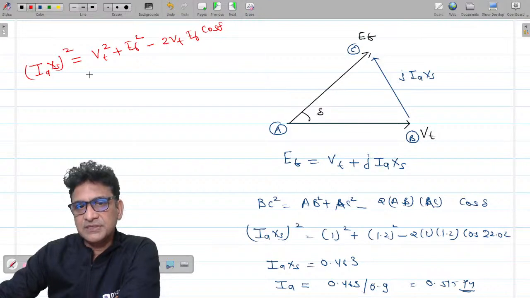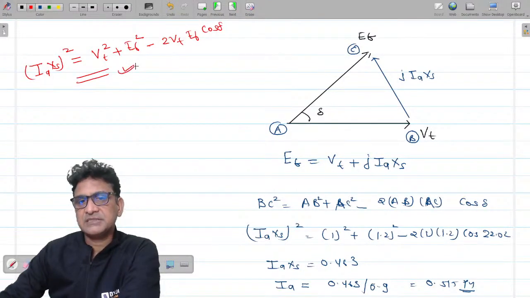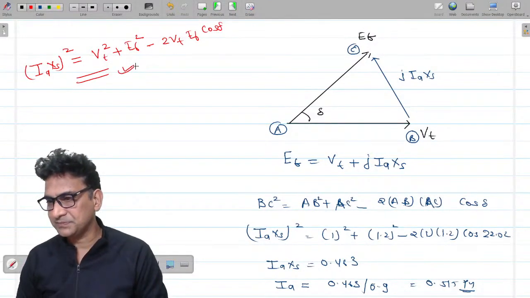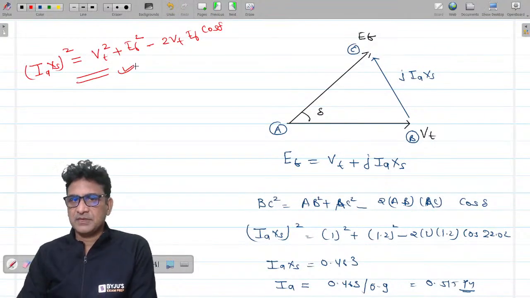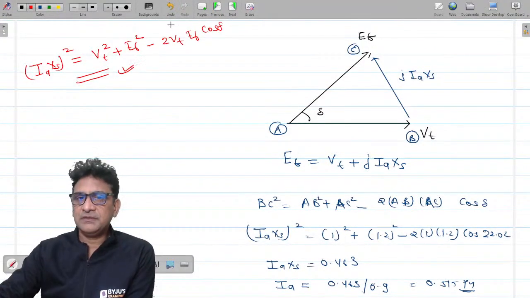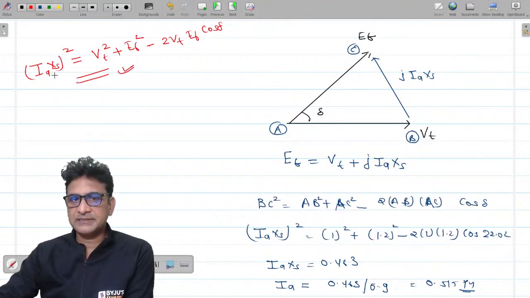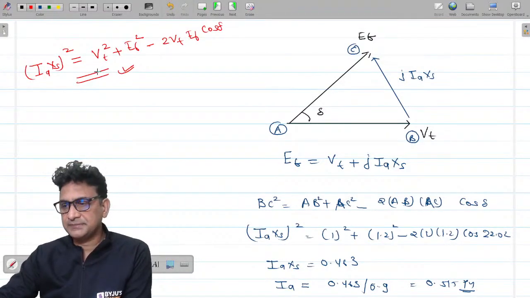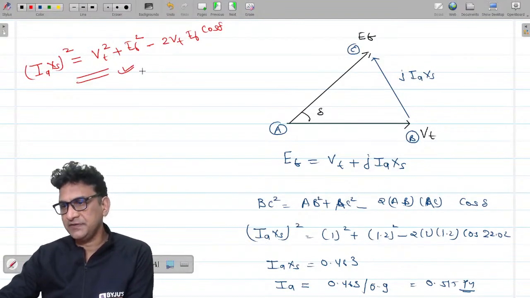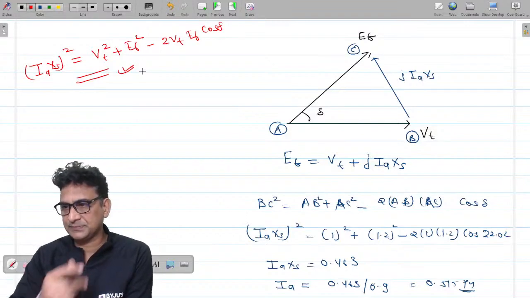This is applicable only if we neglect the value of Ra. IaXs square equals Vt square plus EF square minus 2 Vt EF cos delta.